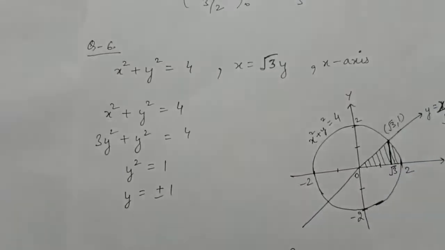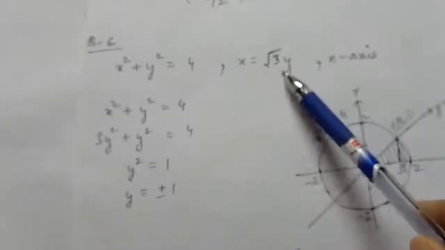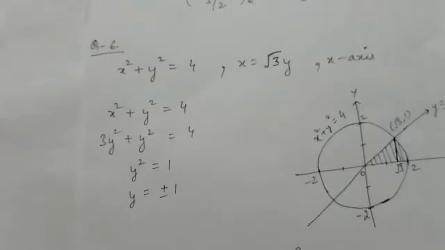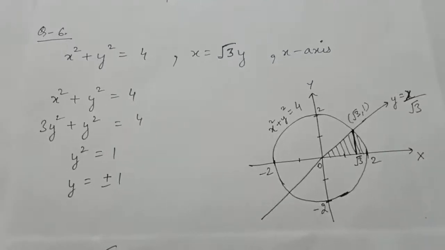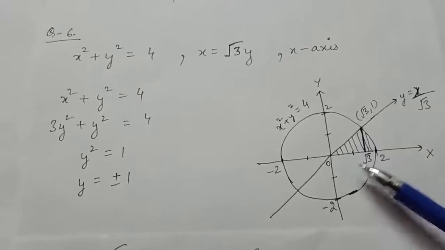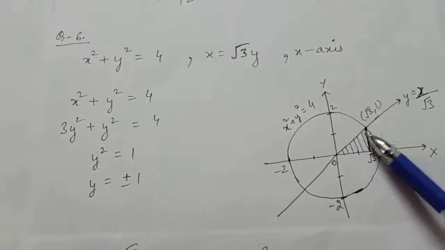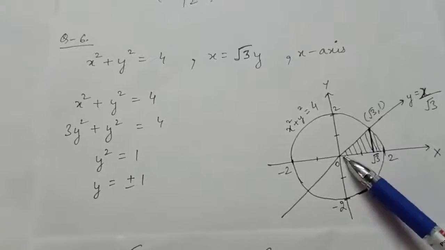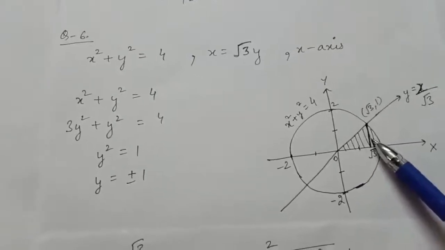And the value of x will be, when y is 1, the value of x will be root 3, right? So the graph of the circle and line will be like this. We have to find the area of the region of the circle, this line and the x-axis. So we have to find this shaded portion.